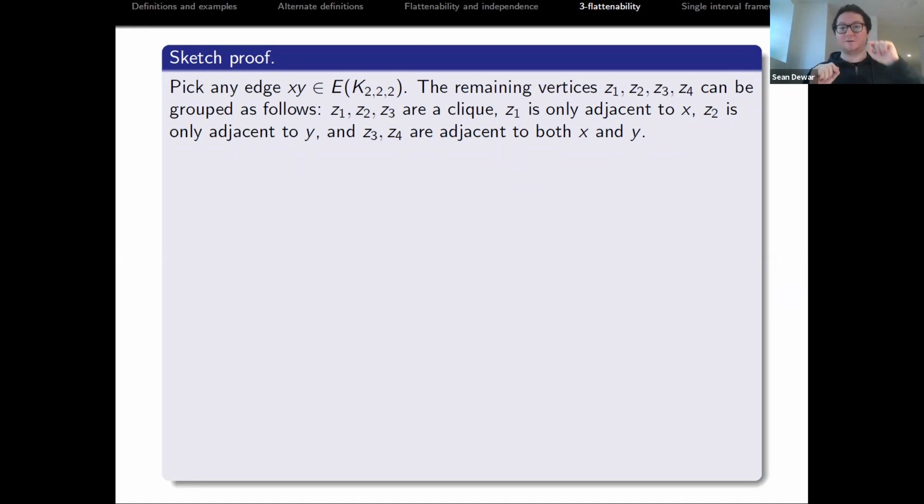Z1 is only adjacent to X, and Z2 is only adjacent to Y. And then Z3 and Z4 are adjacent to both. You can just check this on the graph. This is always true because of vertex transitivity. If you can show it for one edge, then it's always true. Okay.